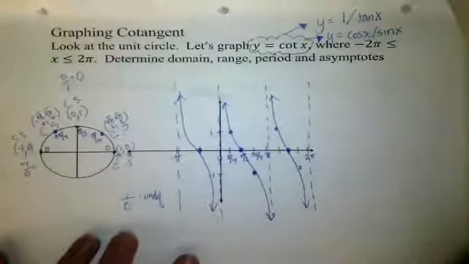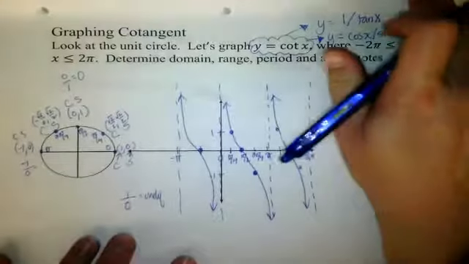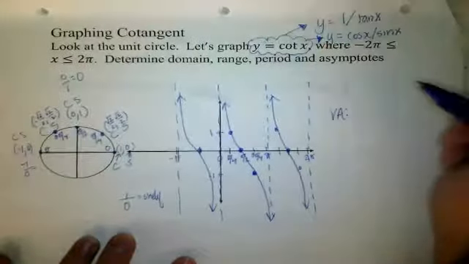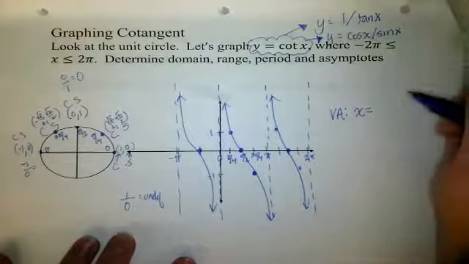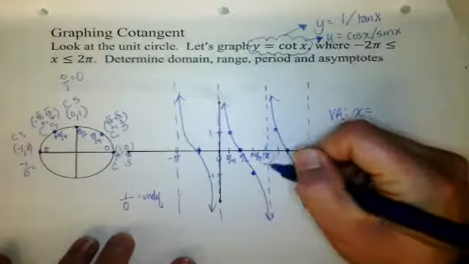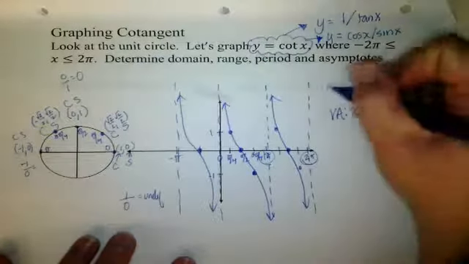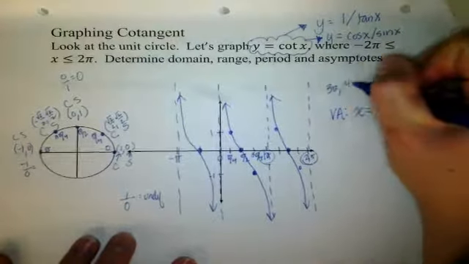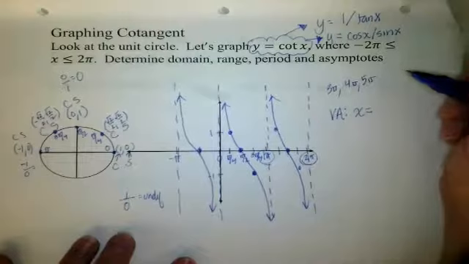And we want to know, what are all the vertical asymptotes? How can we describe all those vertical asymptotes? X equals 1 pi, 2 pi. What are some other asymptotes? 3 pi, 4 pi, 5 pi. How would you describe those?